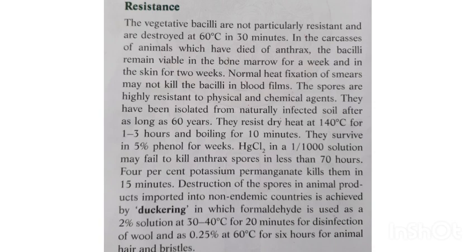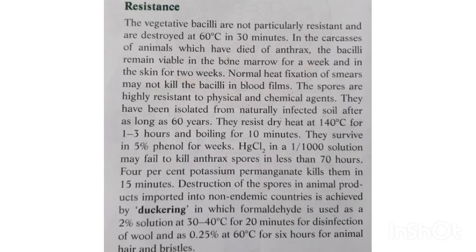In case of wool, 2% formaldehyde is used to treat the wool at 30 to 40 degrees Celsius for 20 minutes. In case of animal hairs and bristles, they are treated with 0.25% formaldehyde at 60 degrees Celsius. That method is known as deckering, right?